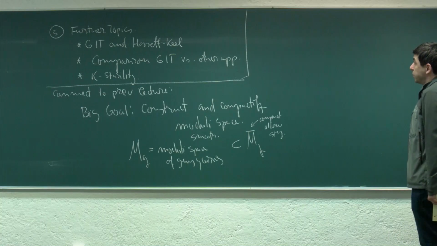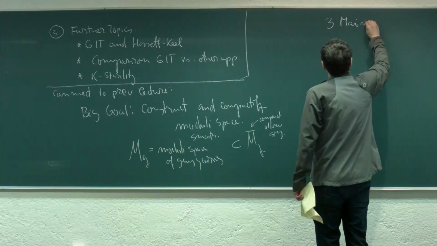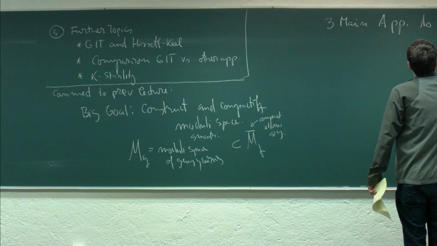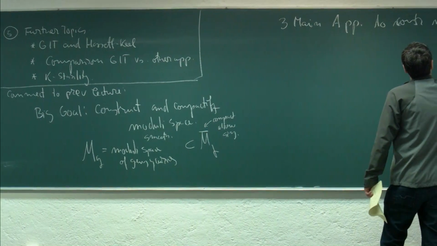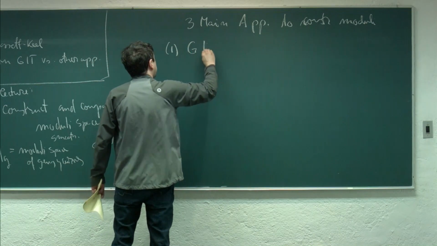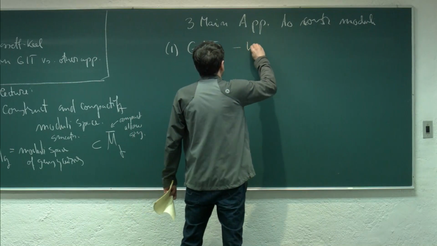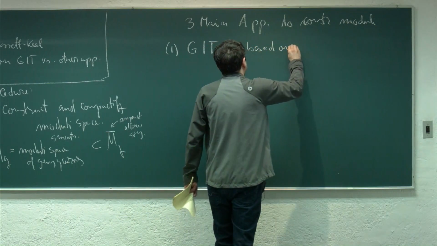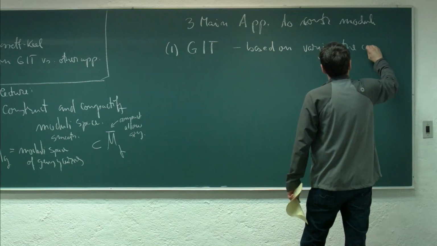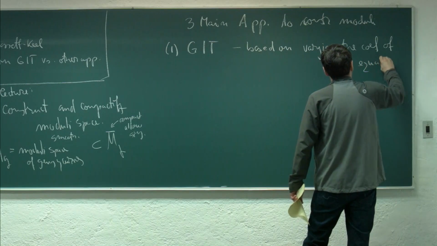There are three main approaches, I would say, to the construction of moduli. Let me give the big picture. The first one, and maybe the most natural, I would argue, is GIT. This is based on varying the coefficients of the equations.